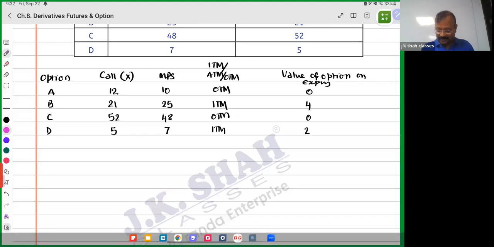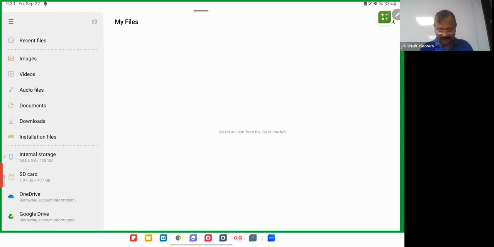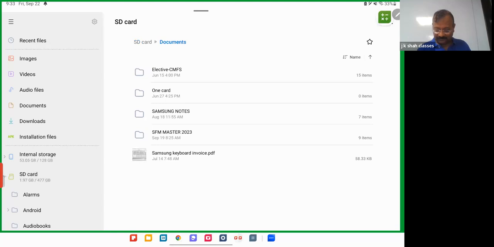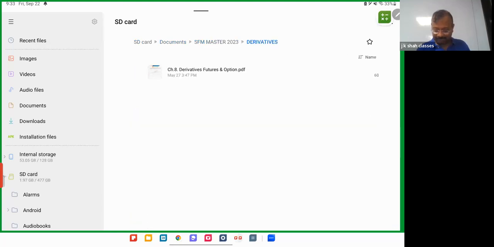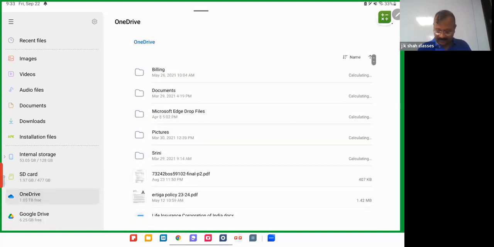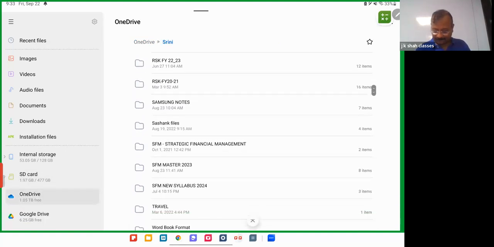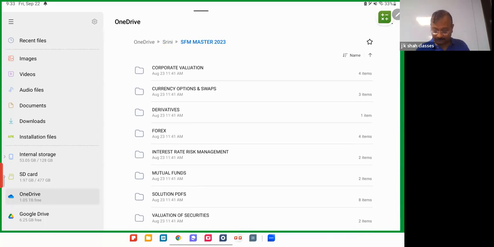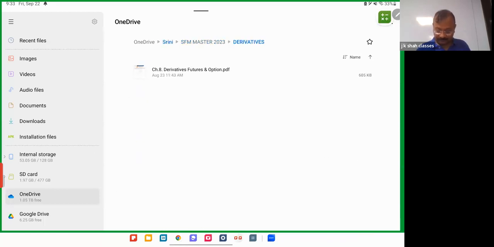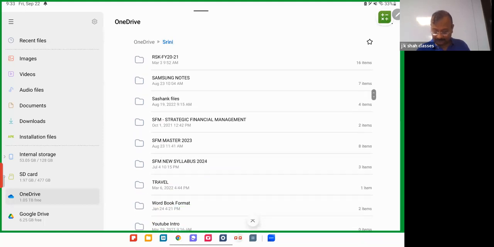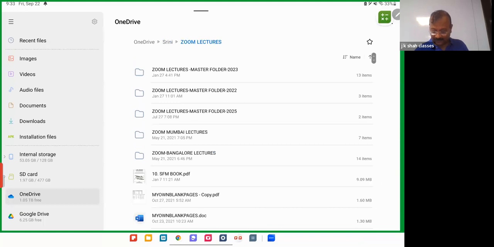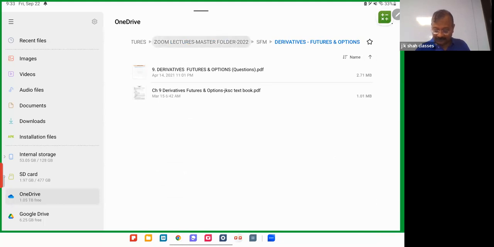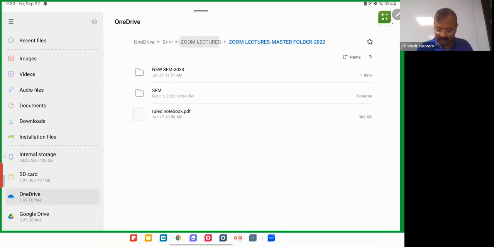Okay. Now wait, let me just see whether I can find that screenshot. Wait a minute. I don't know whether I have it. I must have it somewhere. Wait a minute. There should be something, yaar.